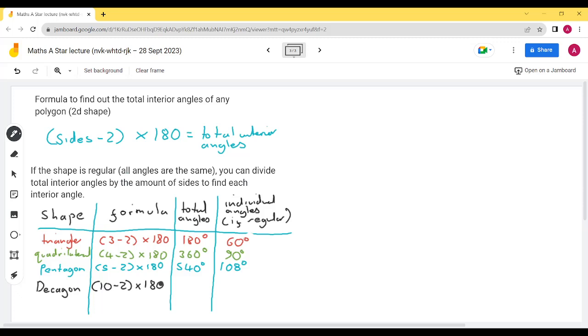I'm actually going to cheat and put this in the calculator because my 180 times table is failing me, but that will give you 1440 degrees, which means each individual angle, if you divide by 10, would be 144 degrees. So it doesn't matter what the shape is, you can use this equation.